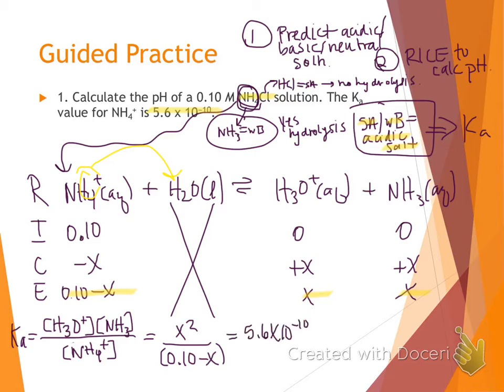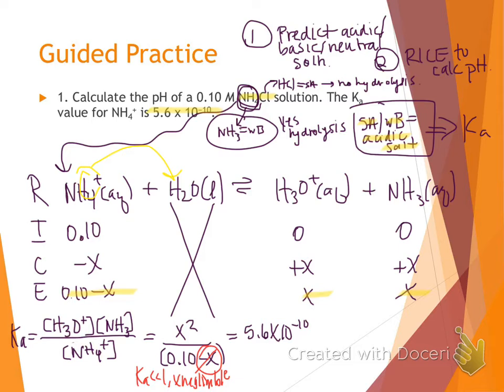So we have that x squared and minus x part. We can go ahead and assume that our x here is going to be negligible. We are able to do that because our Ka is so much smaller than 1. So again, x will be negligible here. So then we can go ahead and finish out our algebra to solve for x.